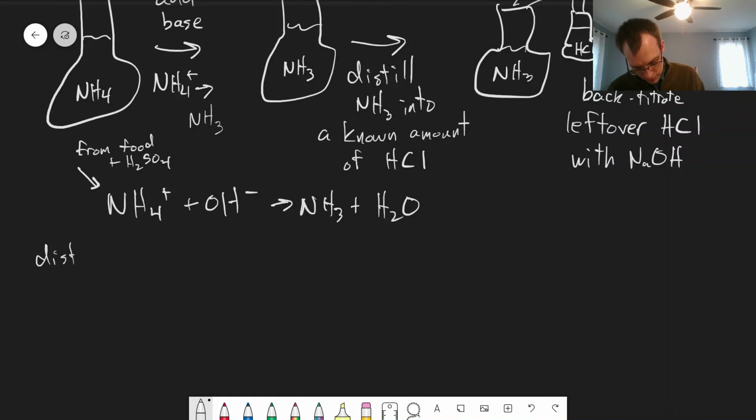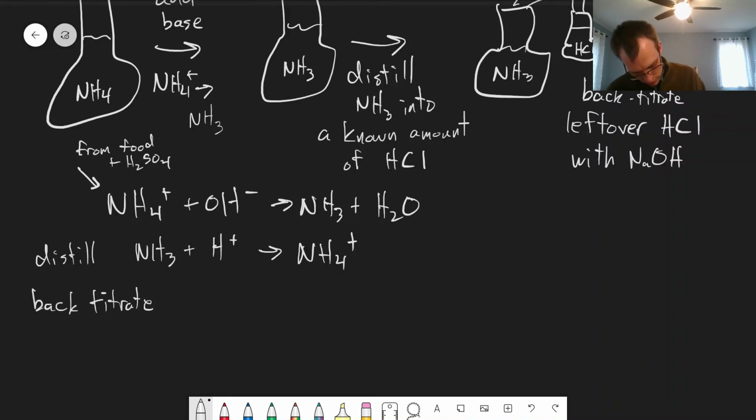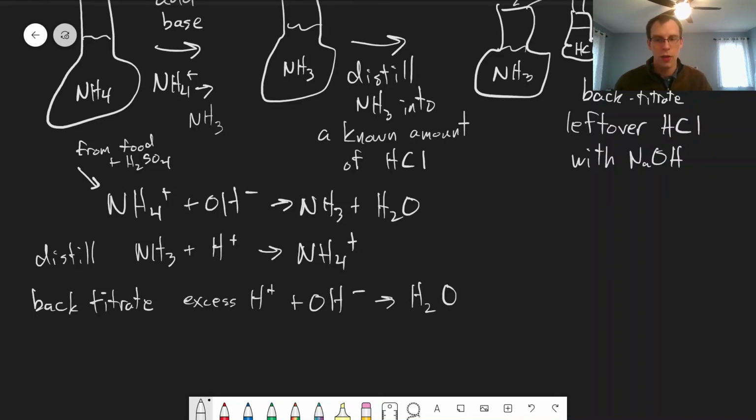Then we distill that NH3 into a strong acid, turn it back into NH4+, and then we back titrate the excess. H+ will react with OH- to form water. So that's the basic idea of the Kjeldahl nitrogen analysis. In the next video, we'll talk about one particular time where the use of this was compromised, and it's a sad story.